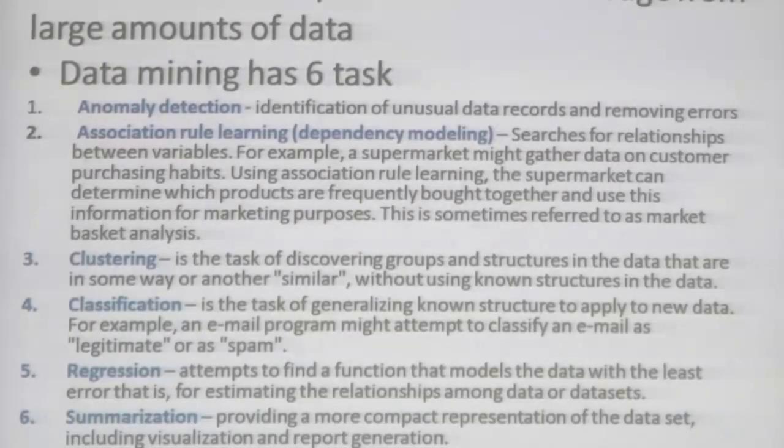So, from this large volume of data that is called big data, data mining is used: anomaly detection, association is identified, clustering is done, classification is identified as legitimate or spam, and regression is done by using the models, the functions and calculations. Then summarization is done, which is like report generation.